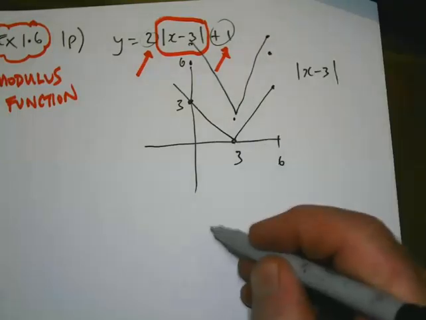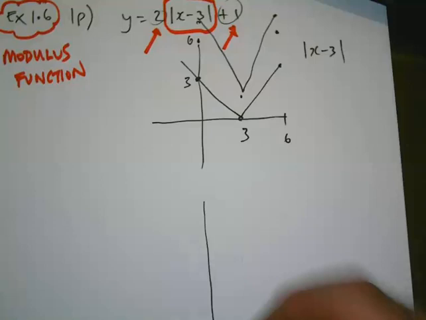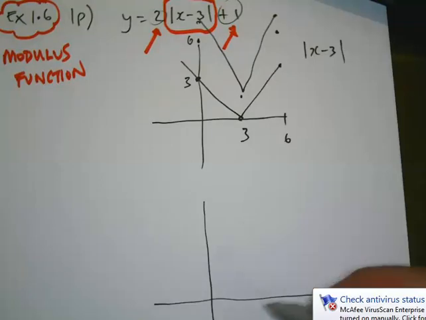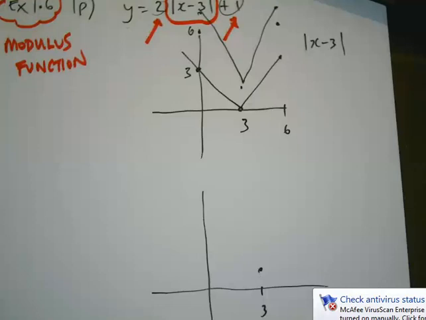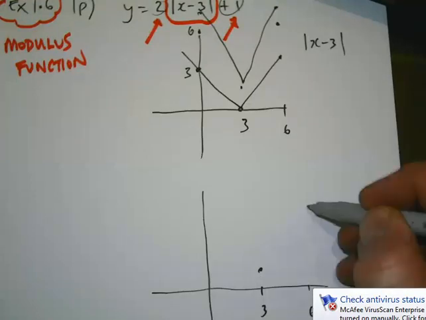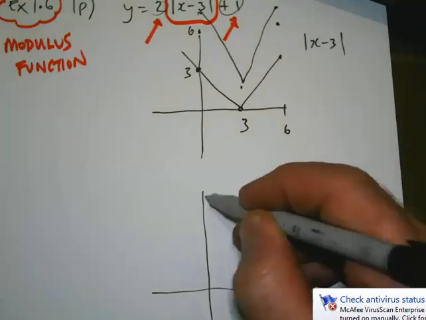So I think that that would end up looking like 3 and 1, 6 and 7.